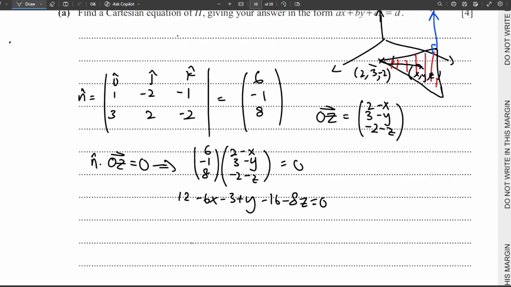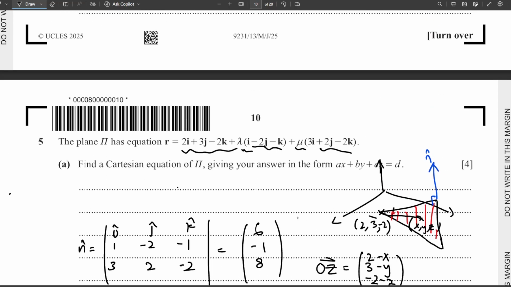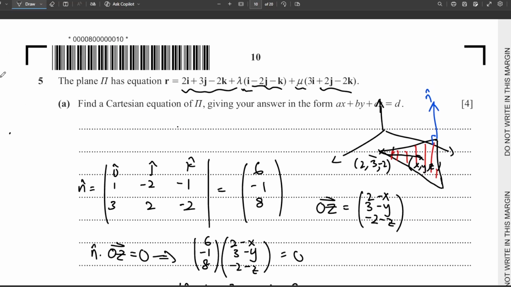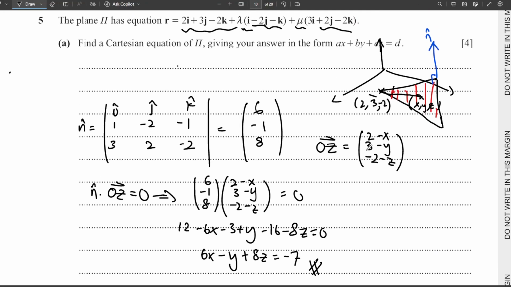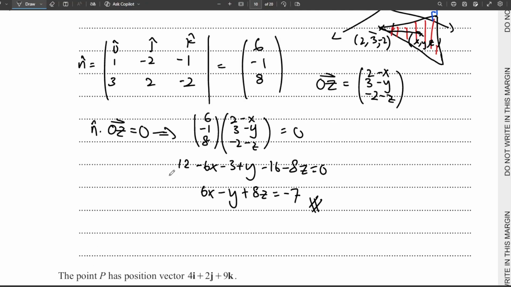Then we just simplify, and you should get 6x minus y plus 8z equal to -7. This will be the final answer for part A, the equation of the plane in Cartesian form. So that's part A.